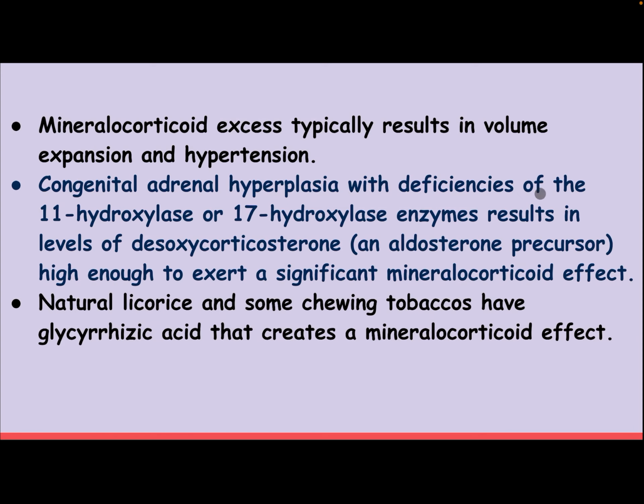Congenital adrenal hyperplasia with deficiency of 11-hydroxylase or 17-hydroxylase enzyme results in levels of deoxycorticosterone, an aldosterone precursor, high enough to exert a significant mineralocorticoid effect. Natural licorice and some chewing tobacco have glycyrrhizic acid that creates a mineralocorticoid effect.